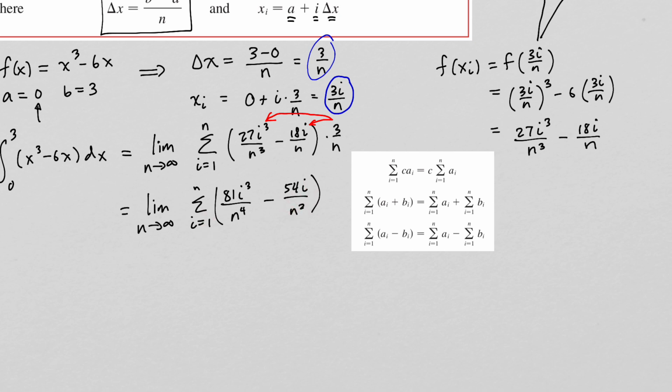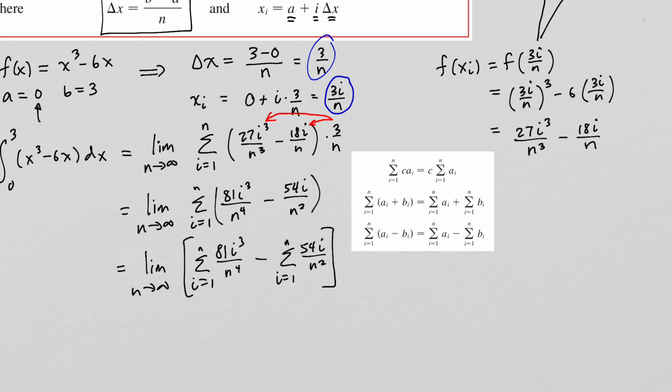So in a way, you can think of it as basically distributing the sum to each of these. And so this becomes the limit as n goes to infinity of the sum i equals 1 to n of 81i cubed over n to the 4th, minus the sum i equals 1 to n of 54i over n squared. And I have the limit now of that whole thing.